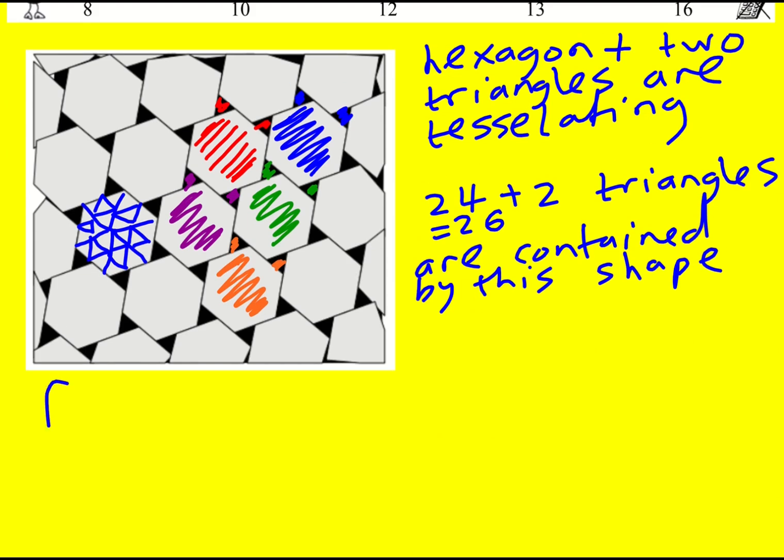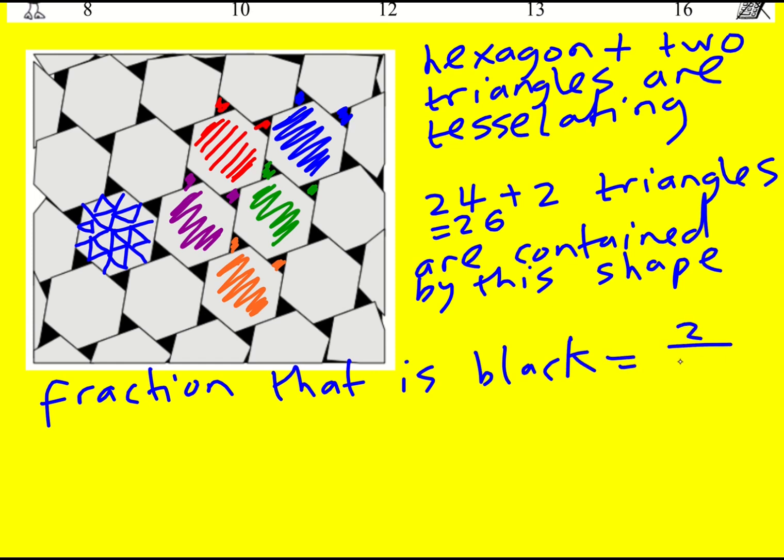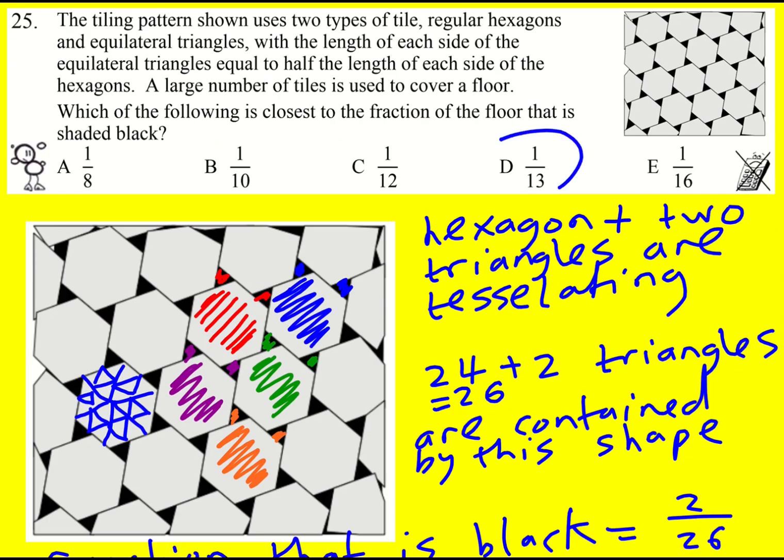So the fraction that is black, well, two of them are black. There are 26 in total, so it's 2 over 26, which we can cancel down to 1 over 13. And that's the answer to this question.